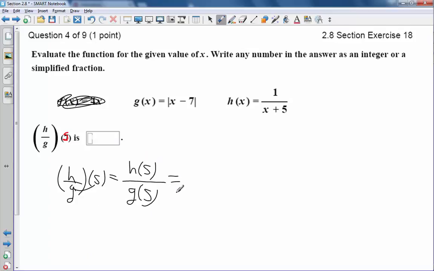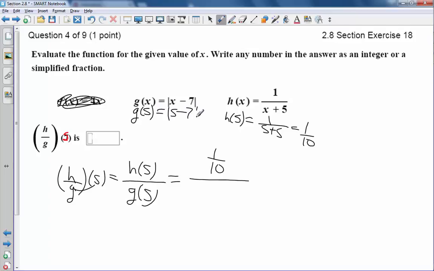Take the formula for H. Where is it? It's here. And compute 5 there. 1 over 5 plus 5. So you can actually compute it right underneath if you want. H of 5 is 1 over 5 plus 5, which is 1 over 10. And take it here, the 5s. Now compute G of 5. Let's compute right underneath this, which is nothing but 2. Agree?